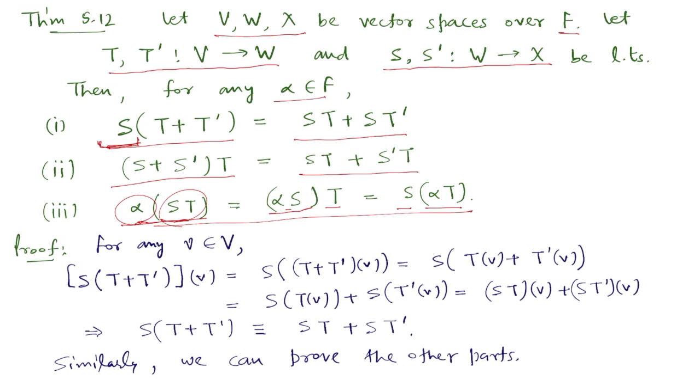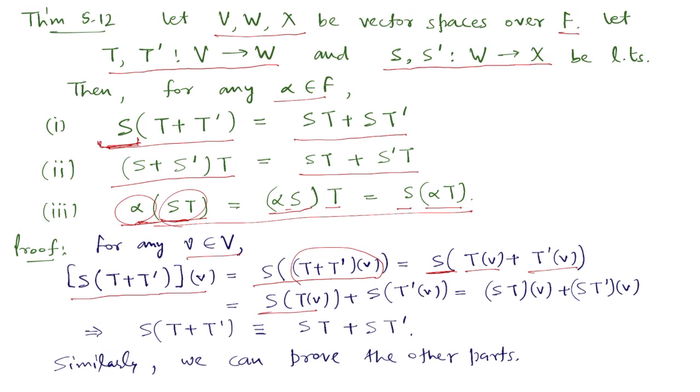So let us prove now one by one. For any vector v in V, S times T plus T dash of v is equal to S of T plus T dash of v, but T plus T dash of v is Tv plus T dash v by addition of linear transformations. Now we can apply this composition.